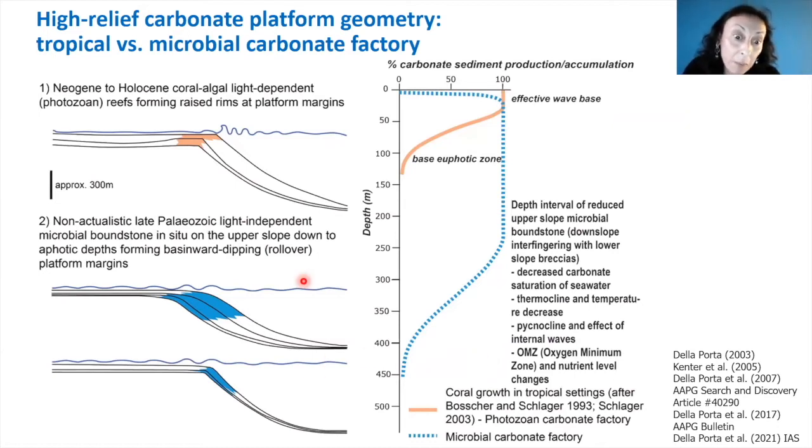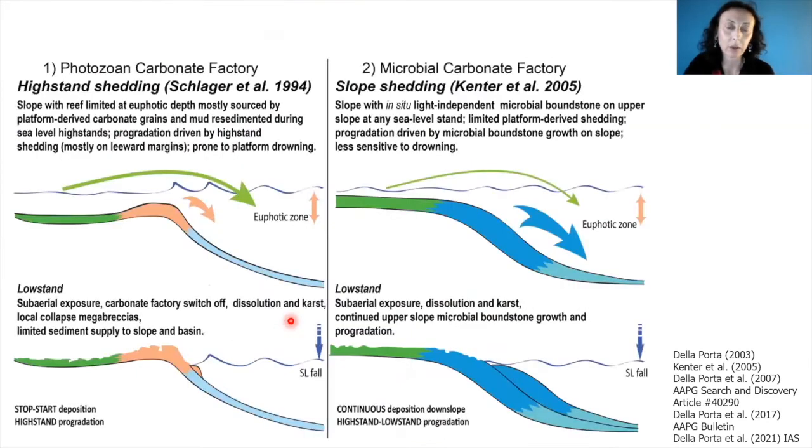But from my personal experience, I think that the saturation of seawater is very important. And in fact, when we do not see anymore the microbial boundstone in situ, we start to lose also the early marine cementation.